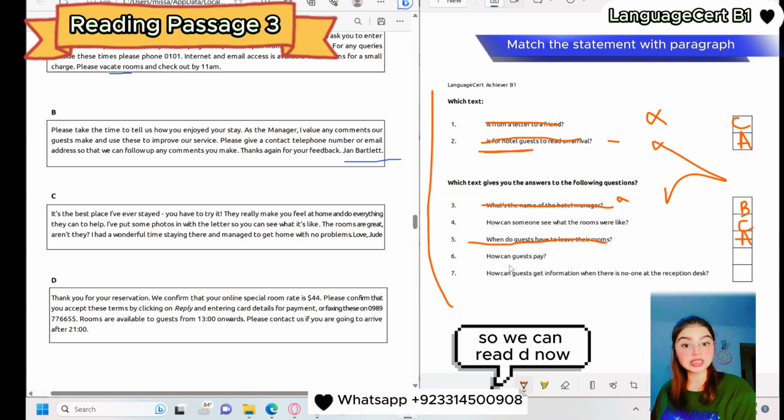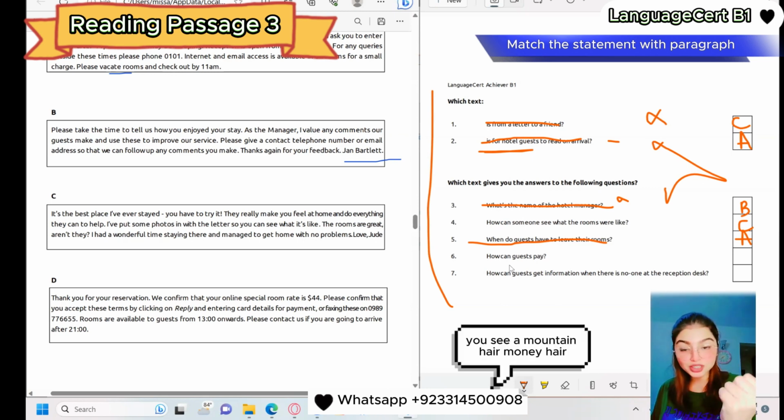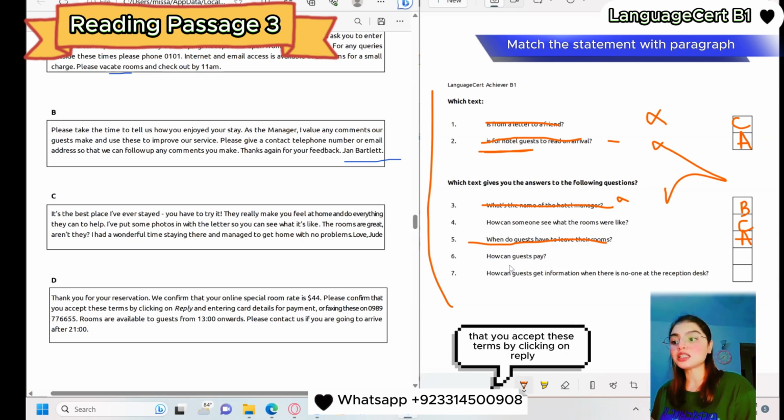So we can read D now. Let's read it together. "Thank you for your reservation. We confirm that your online special room rate is $44. Please confirm that you accept these terms by clicking on reply and entering card details for payment.